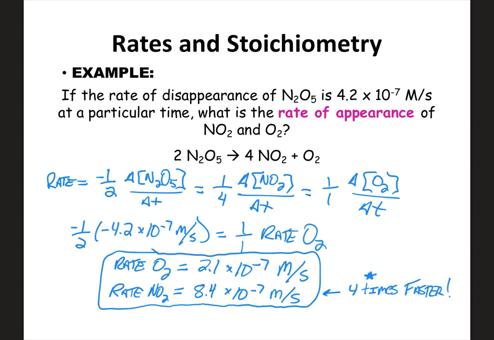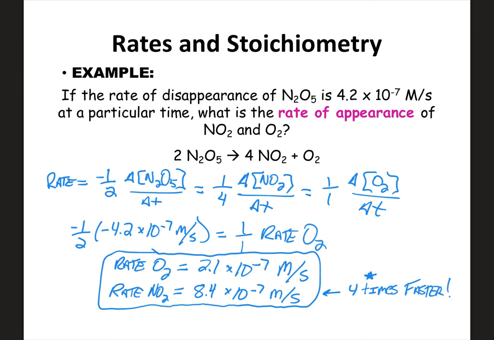Okay, so hopefully these are the answers you got here. I set up my rate equation here, knowing that I have 1 over the coefficient for each times the change in concentration over change in time. So I solved for the rate of O2 first, plugging in what I knew from the problem.